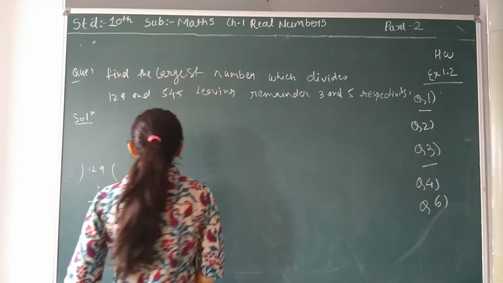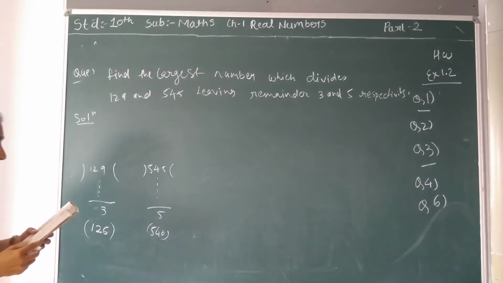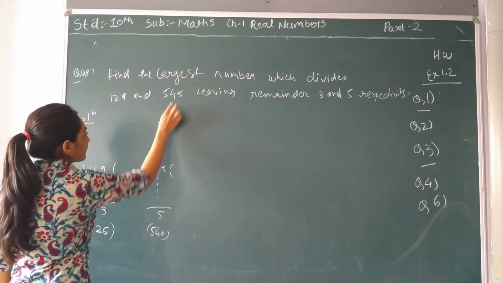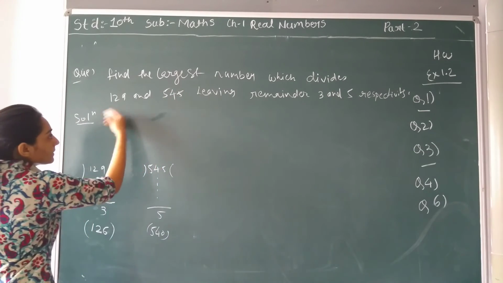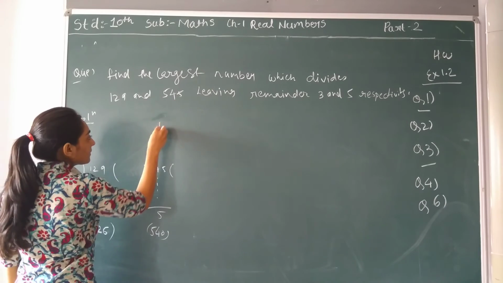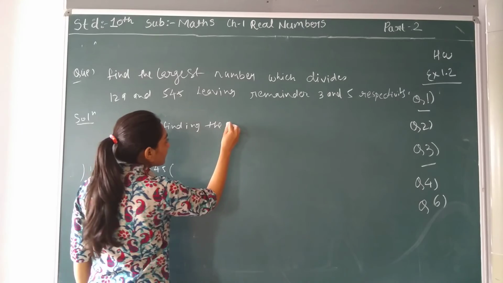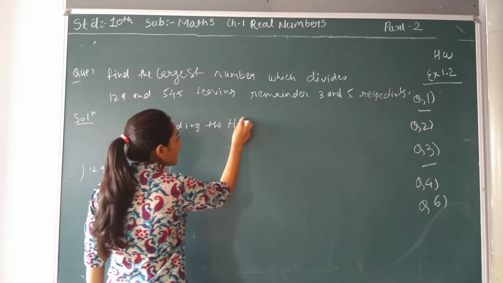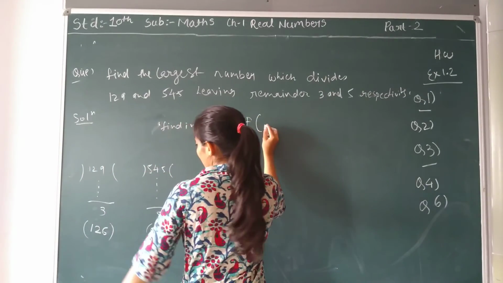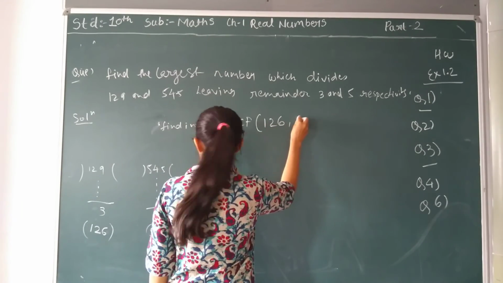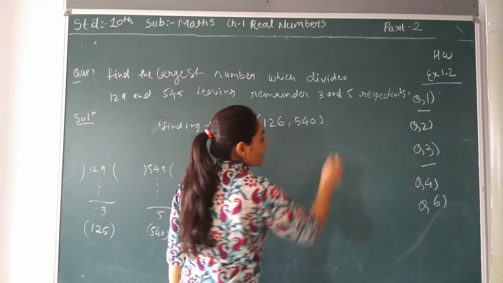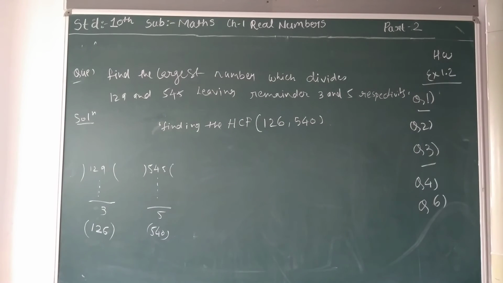So simply we can say that by finding the HCF of 126 and 540, we get the answer.